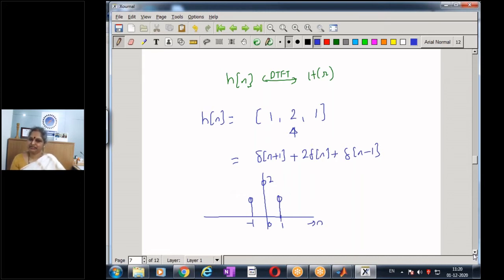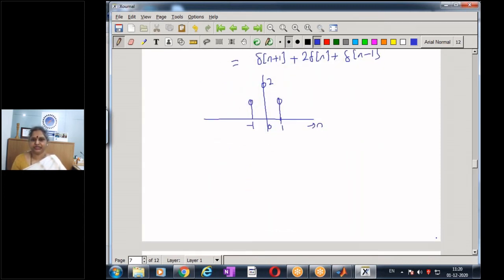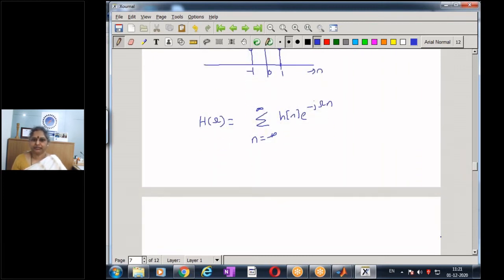Now this is my signal in time domain and I want to compute its discrete time Fourier transform H of omega. So let's compute H of omega for the same signal. By definition it is the sum from n equal to minus infinity to infinity of h of n e to the power of minus j omega n. But in this example we have it non-zero only for 3 values.